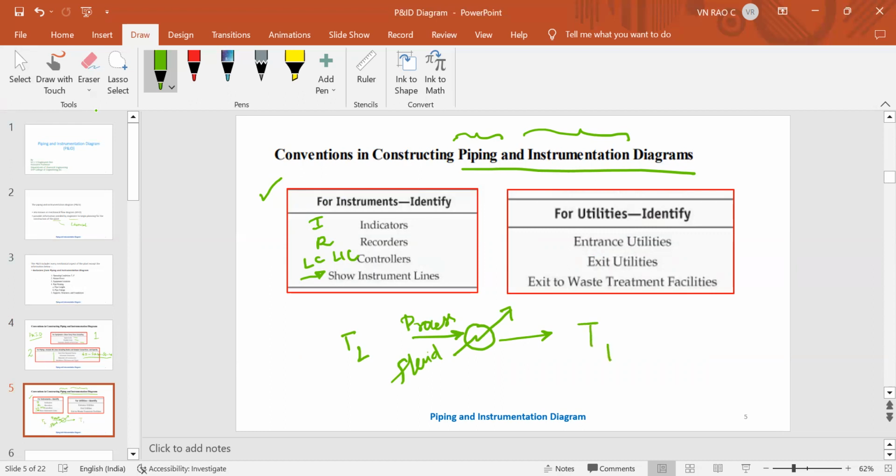This other line is the utility stream. This is the entrance, this is the exit. Generally in a P&ID, it is shown as 1 and 2, where 1 is the entrance and 2 is the exit.